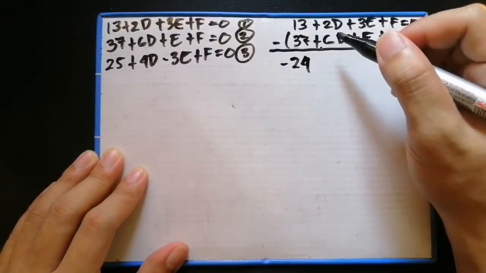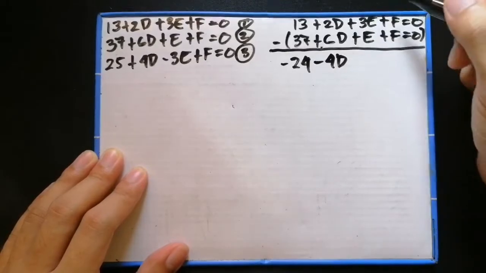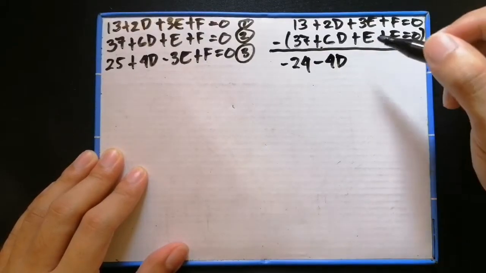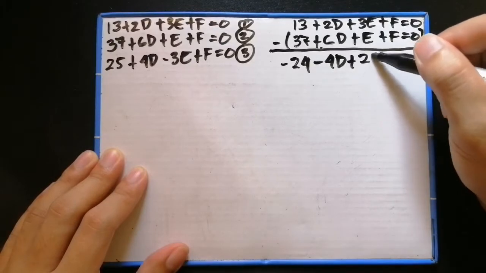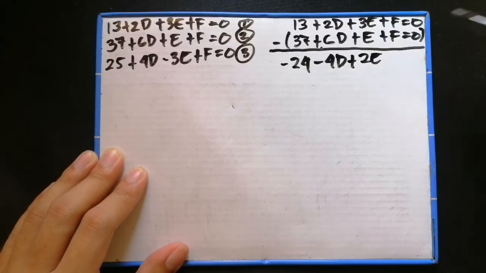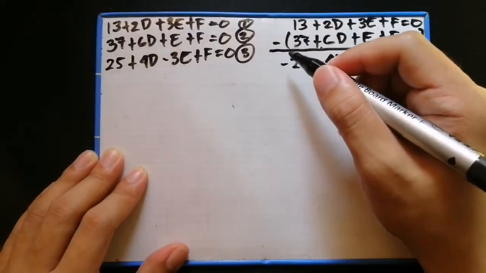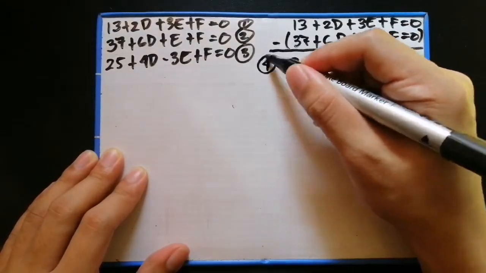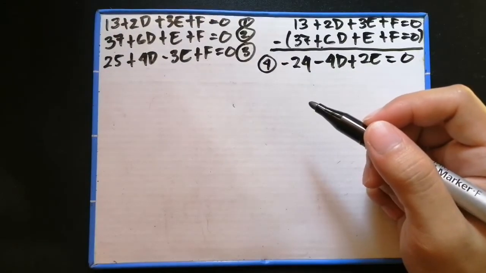Then 2D minus 6D would be negative 4D. 3E minus E will be positive 2E. And F minus F would be 0, then is equal to 0. This is now our equation 4. So, we have formed equation 4.